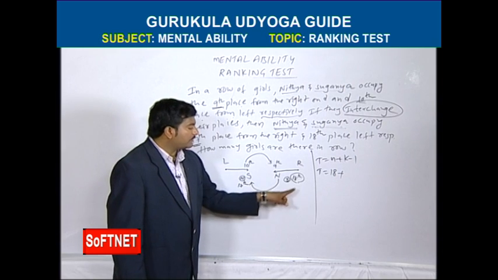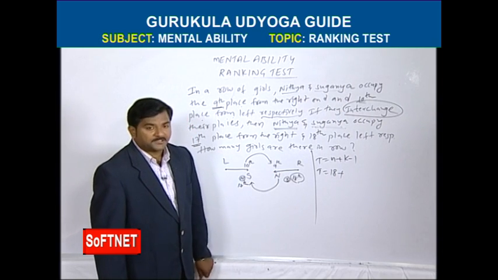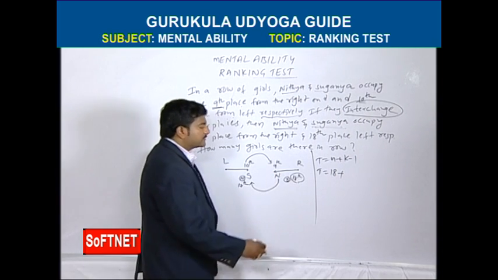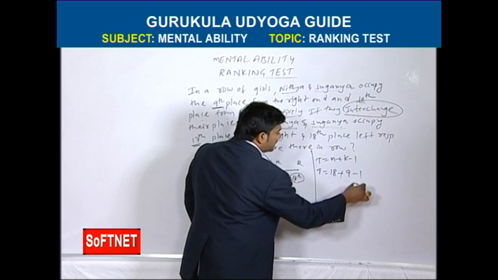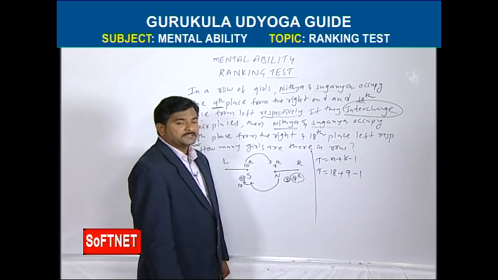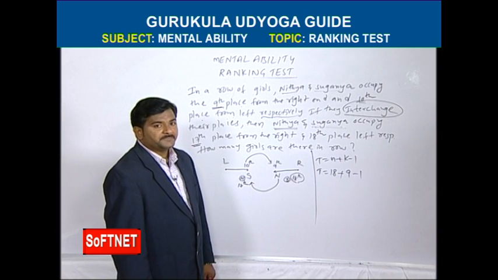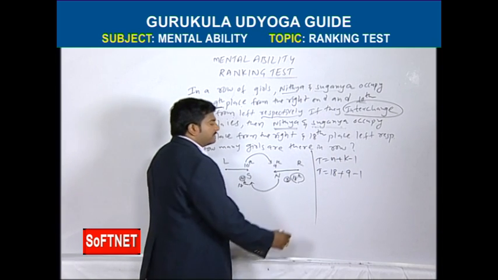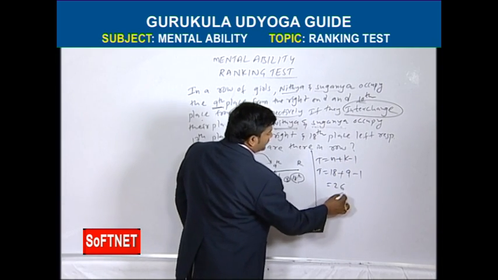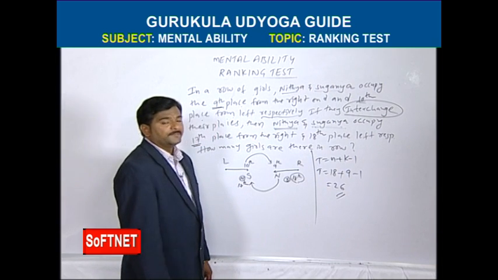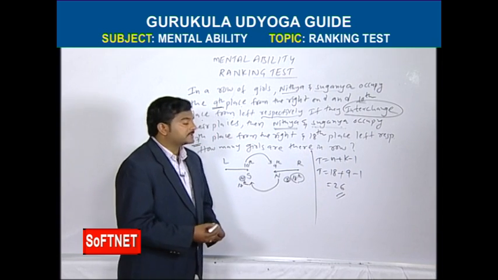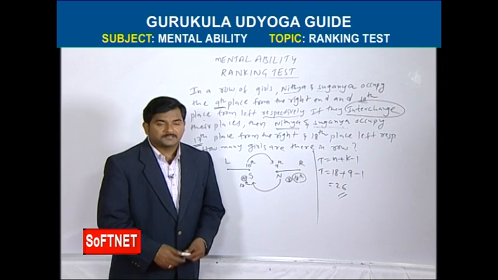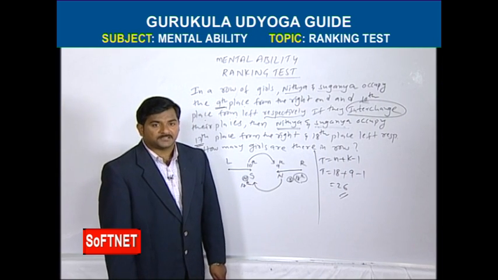So 18 plus 9 minus 1. 18 plus 9 is 27, 27 minus 1, what am I getting? 26. What does it mean? There are 26 girls in that row.